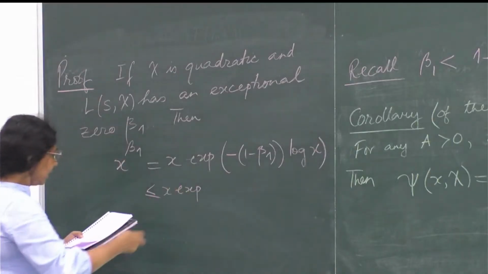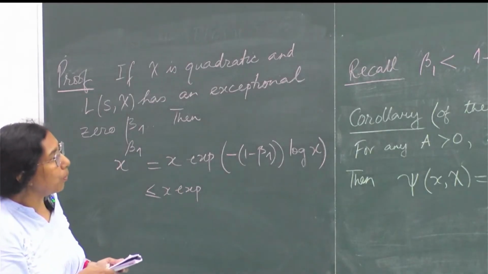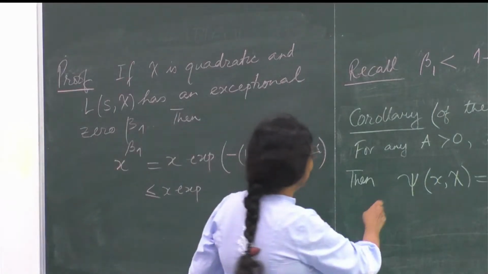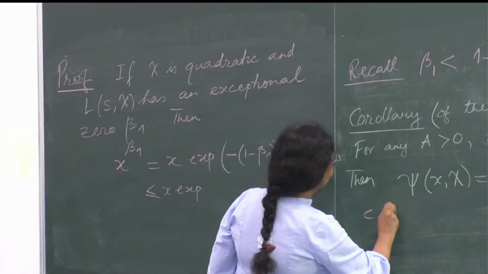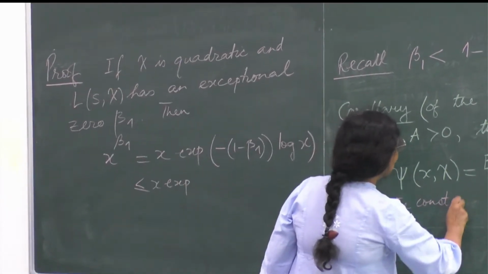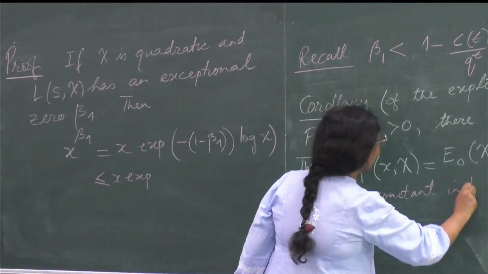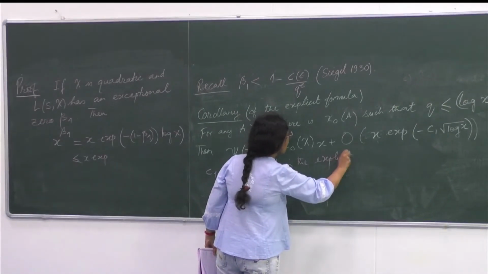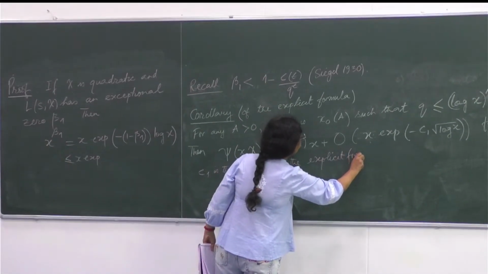I wanted to say something: this C1 is the constant in the explicit formula. All right.